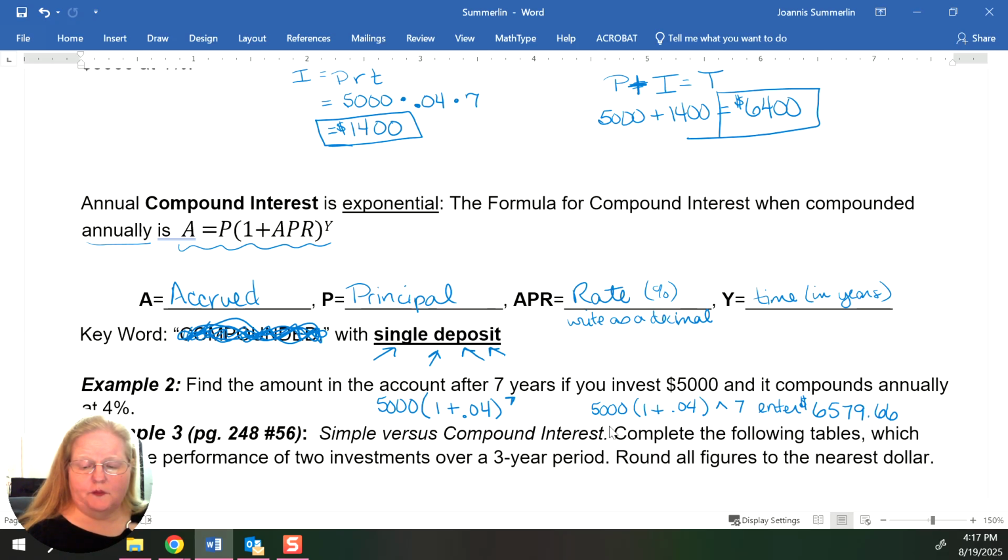So if we put the same amount of money in and leave it for the same time at the same interest rate, we get more money out if it's compounded annually. Compounded gives you more money. Compounded is better than simple interest. Always.